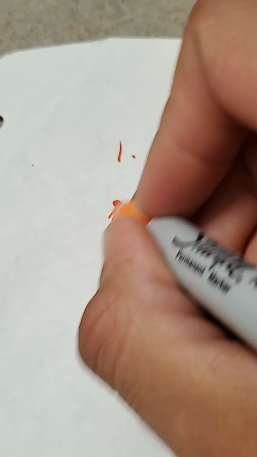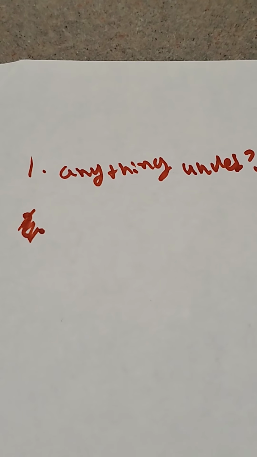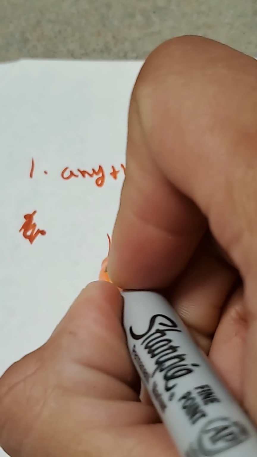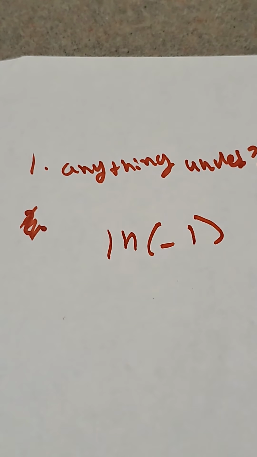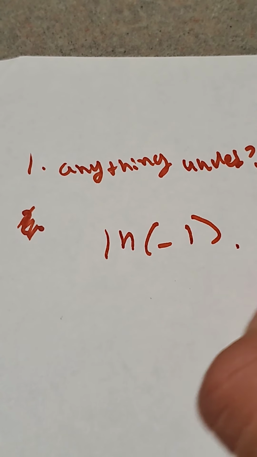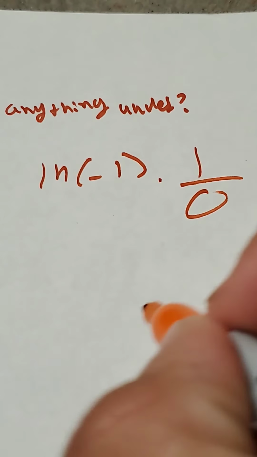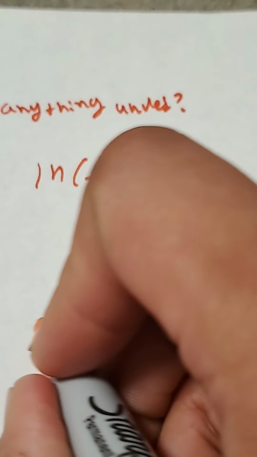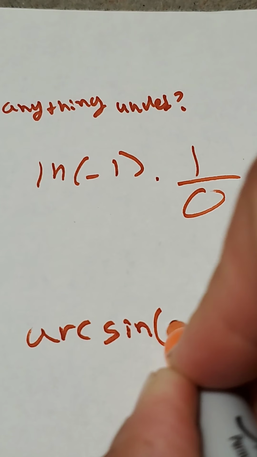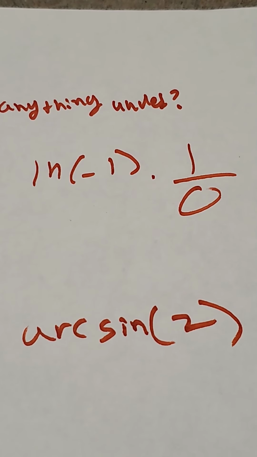Pretty much, is there anything in this function that will make it undefined? For example, if we take a natural log of a negative number, it's undefined. If we get 1 over 0, it's undefined. Arcsine of 2 is undefined.